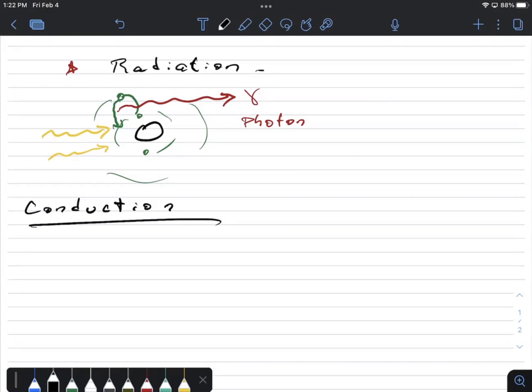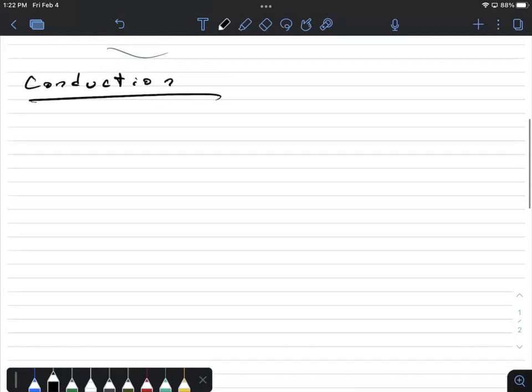So conduction. One way we're going to talk about conduction, or the main equation, what it allows you to figure out is how much heat will be transferred from one object to another per second.